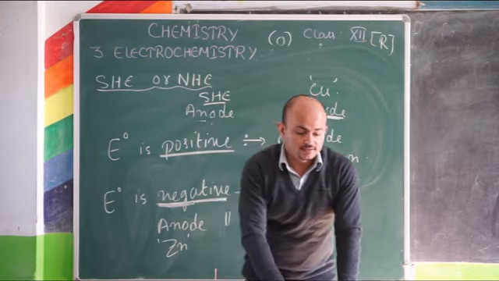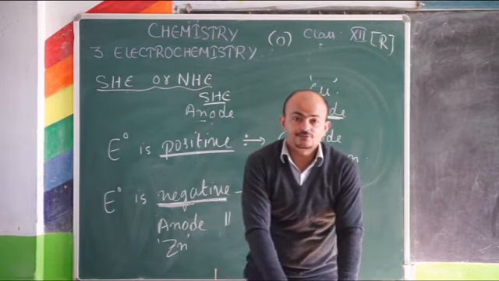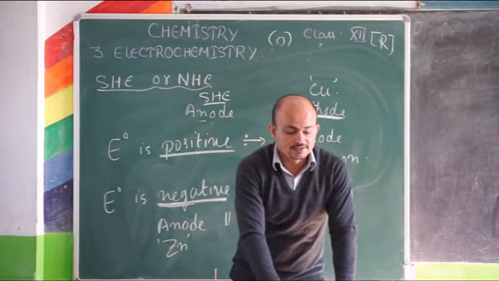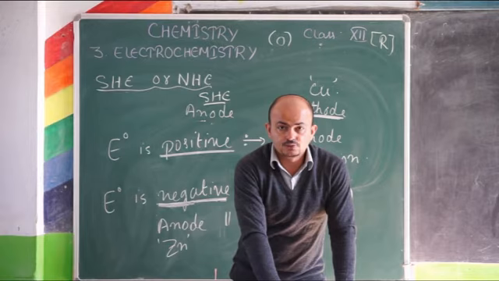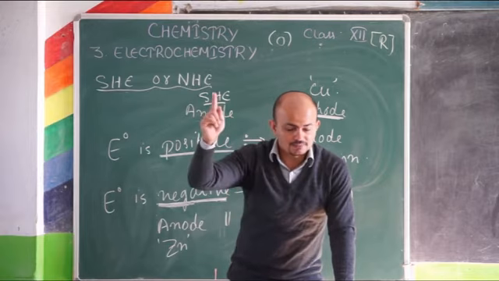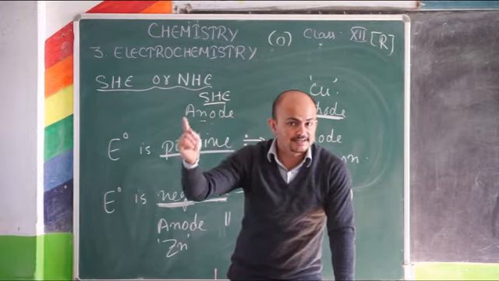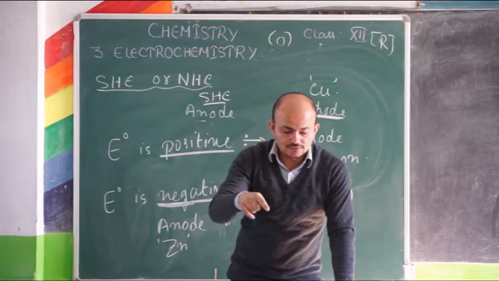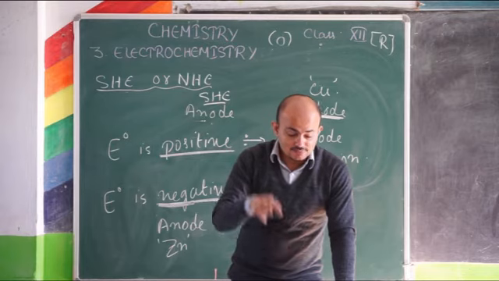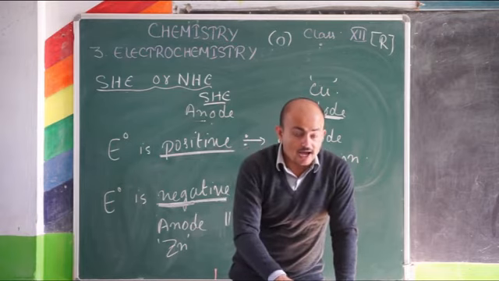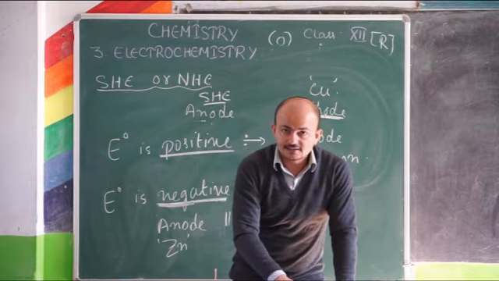Now you can see fluorine, F2 going to F minus: its standard electrode potential value is 2.87, which is at the top, and it is positive 2.87. As you go down, for all the metals, it keeps on decreasing. It becomes 0 for hydrogen, H plus / H2.